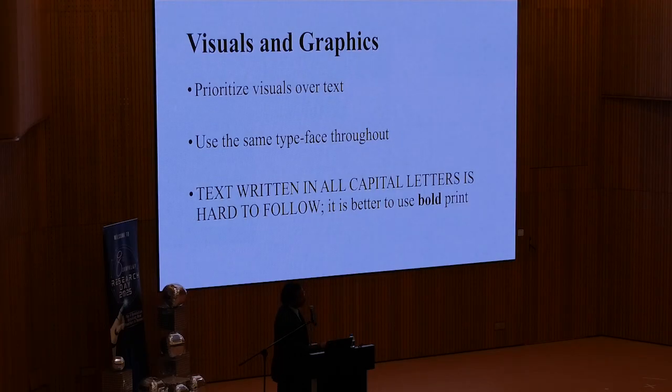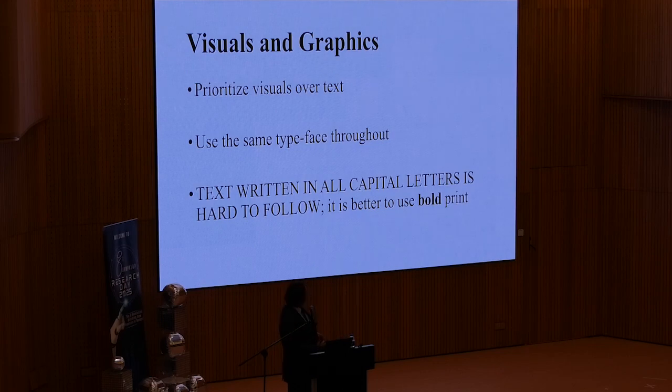Now what about visuals and graphics? For posters and oral presentations, you want to prioritize visuals and graphics. You can have lots of words to describe something, but just one image or one graphic explains everything. So you don't need to have a lot of words written up just to describe something that you can put in a visual.